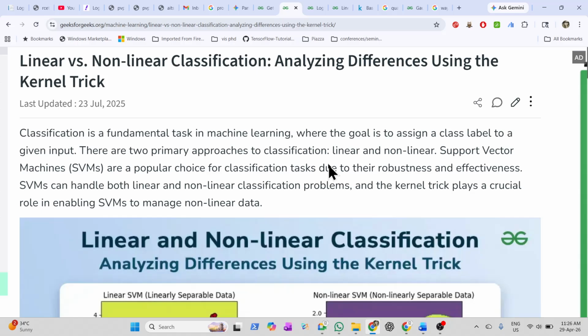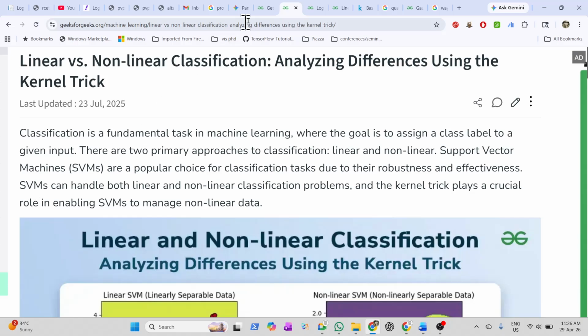You may feel that you like Java programming more than Python, while others might say no, Python is better than Java. So we cannot say that every approach is best for every data set. It all depends on what kind of data set you are using and which algorithm is best suited for that particular data set.